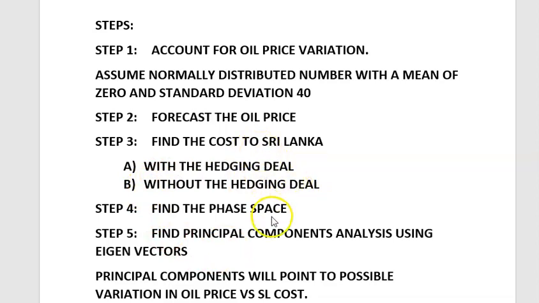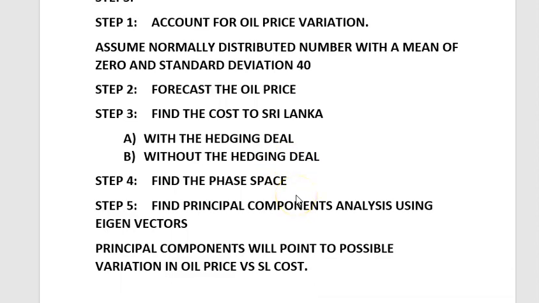So you would have a phase space, and in that phase space, you would have two principal components. The major principal component is where the highest variation would take place, and you want to stay away from that because it's highly unpredictable. And the minor principal component is where you want to stay. And these components can be found using eigenvectors.